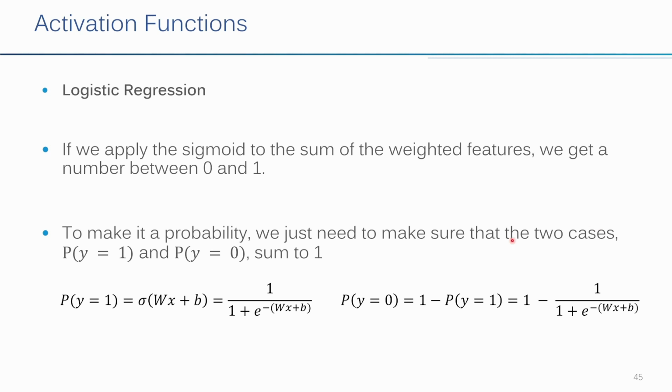So if we apply the sigmoid function to the sum of the weighted features, we get a number between 0 and 1, as we said, and we can use this 0 and 1 as a representation for classes. In the end, we just have to make sure that the probabilities for the cases in which we obtain 0 or 1 sum up to 1.